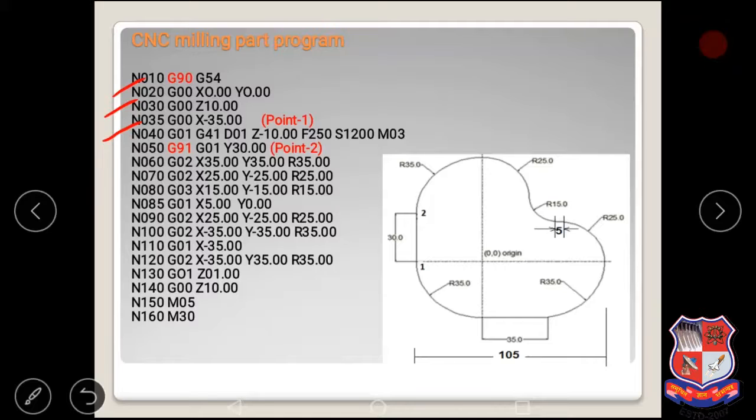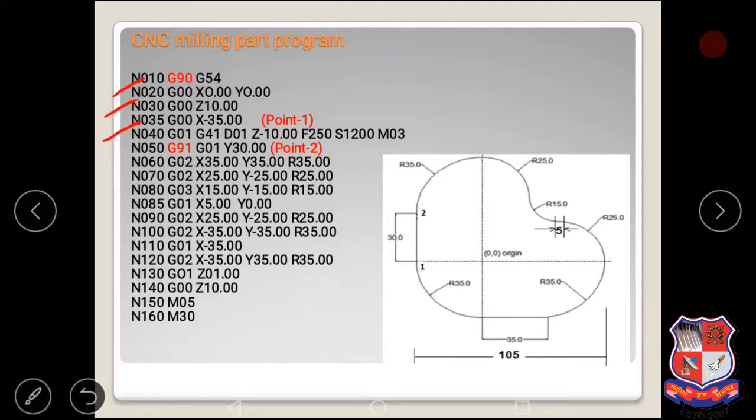Different machine manufacturers provide their own software, and for this type of object, when the origin is not at the left bottom corner or is in between the part, at that time we can move the tool to the specified origin.